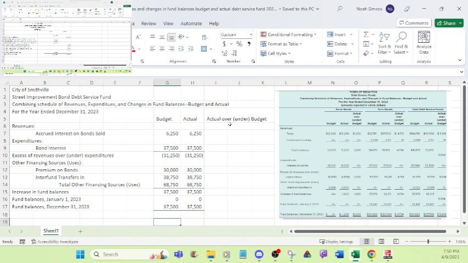And then actual over under budget is just going to be, if it's over, it's positive. It's just going to be the actual minus the budget, right?